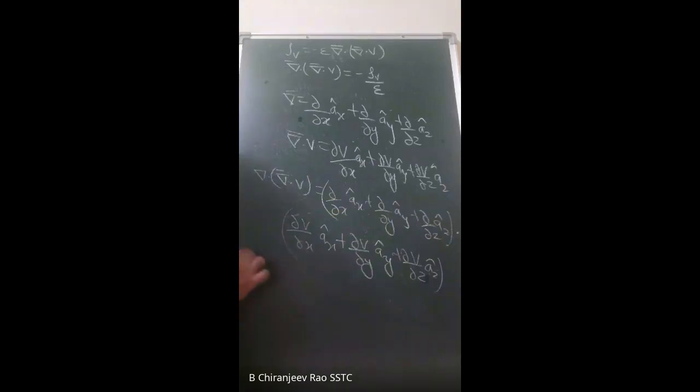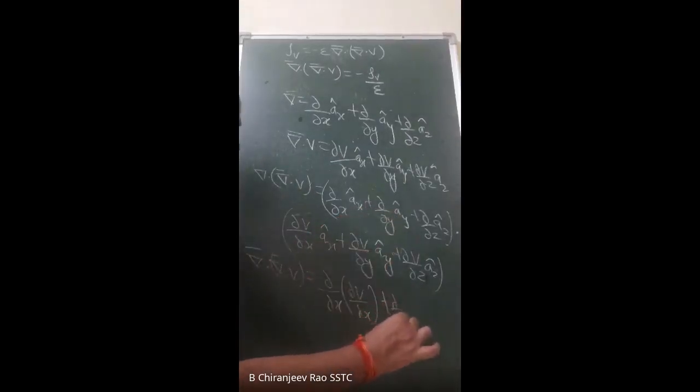So this will be del by del x of del V by del x, similarly del by del y of del V by del y, plus del by del z of del V by del z.